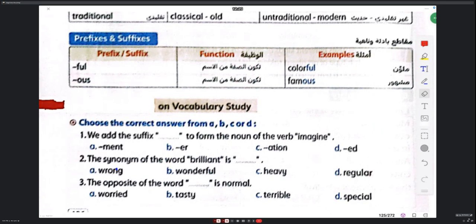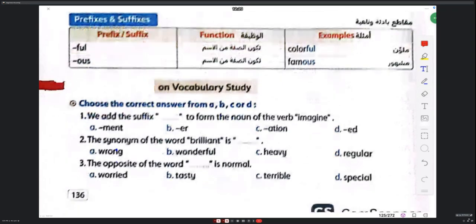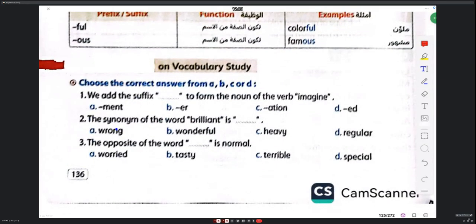Question on vocabulary study. Choose the correct answer from A, B, C, or D. Number one, we add the suffix to form the noun. C, ATION. Imagination. We will cut the E and add ation. Okay. The next sentence, the synonym of the word brilliant is wonderful.